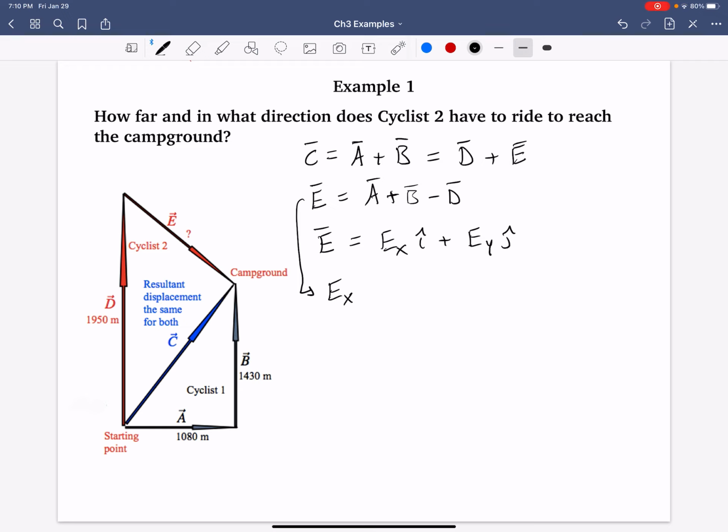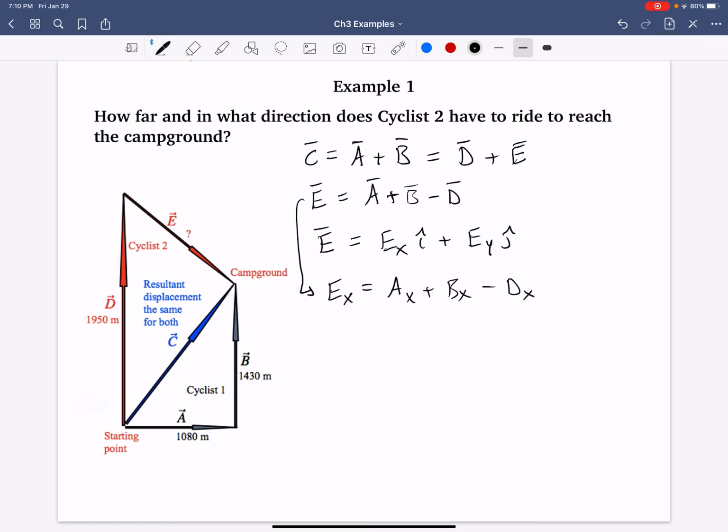So let's see here. I'll just keep it in magnitude form for right now. Let's see how that goes. So the magnitude of EX, well, that's AX plus BX minus DX.